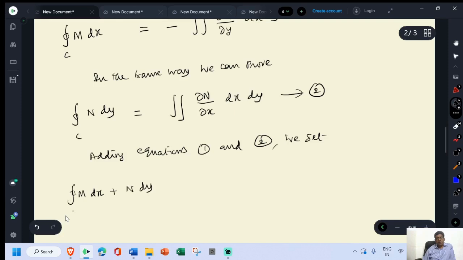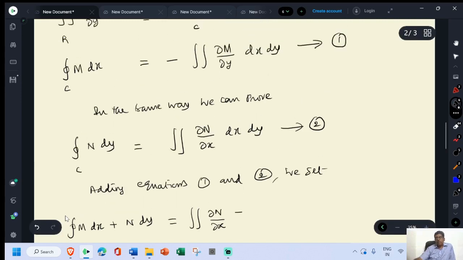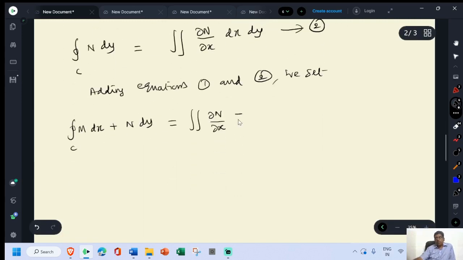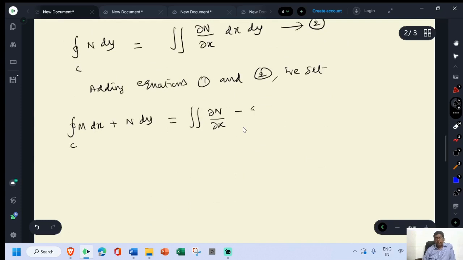We have written this as a single integral: the integral of M dx plus the integral of N dy, the integral of M dx plus N dy, which is equal to the double integral of, positive this term first, ∂N/∂x, minus this term, ∂M/∂y.